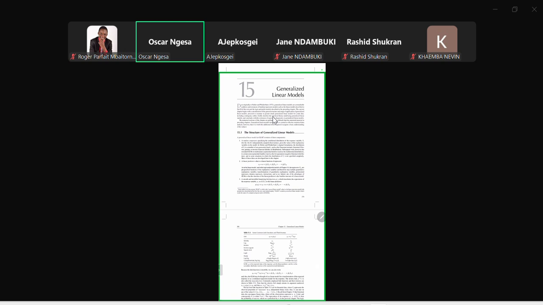Also recall that we had discussed that the simplest model that you'll always be interacting with is the simple linear regression model, where you have one dependent variable which is continuous and you have one independent variable. Then in that case, you can model it using a simple linear regression model.